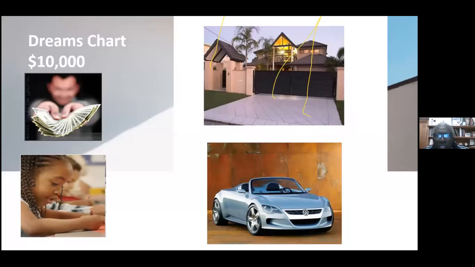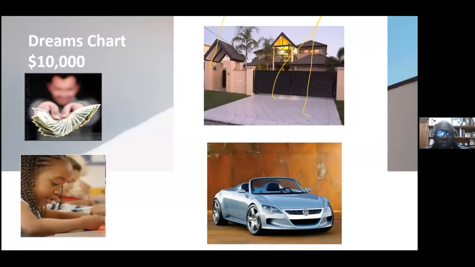The day we bought it, I suddenly noticed that there were so many Audi cars on the road, and I was wondering why. I discovered the psychological reason: there's something that we have in our mind regularly, and we tend to notice those things. So when you have a dream or a goal, you tend to notice things that help you achieve that specific goal. I would encourage all of you, make sure you have a dream chart.